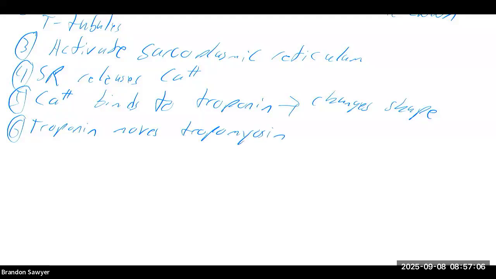Now we have an open actin myosin binding site. That's really the end of excitation contraction coupling. The muscle cell is now ready for contraction.